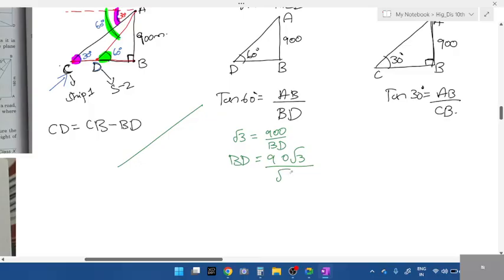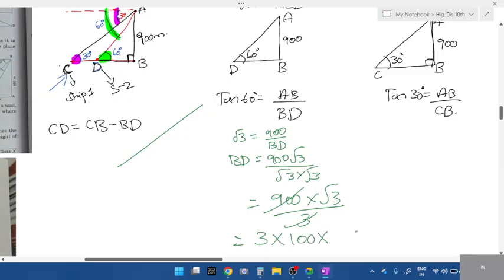BD is 900 divided by root 3, we rationalize it. So you get 900 into root 3 divided by root 3 into root 3, which is 3, students. So you get 300 root 3. 300 can be written as 100 into root 3. Root 3 is 1.732. So if you multiply 100 into 1.732, you get 173.2, right?